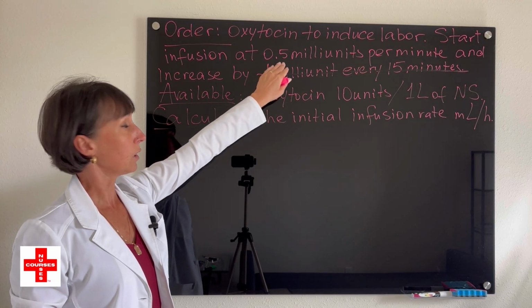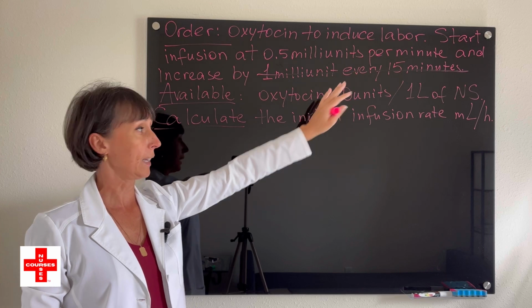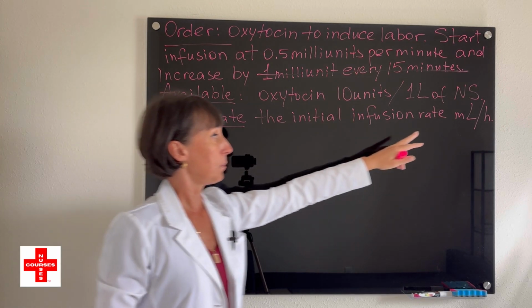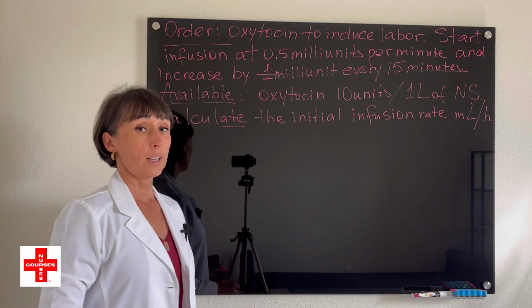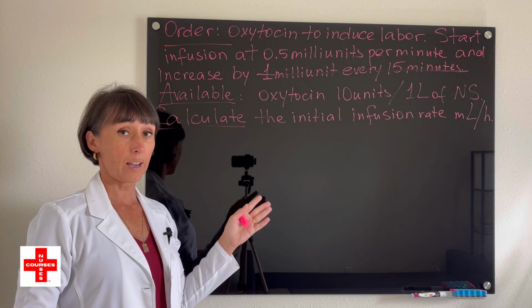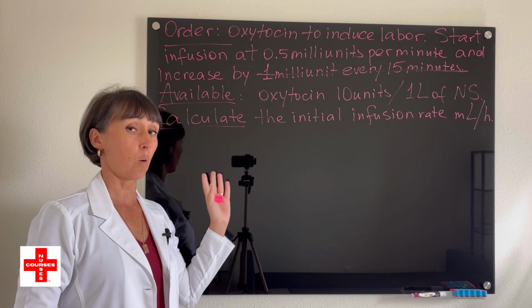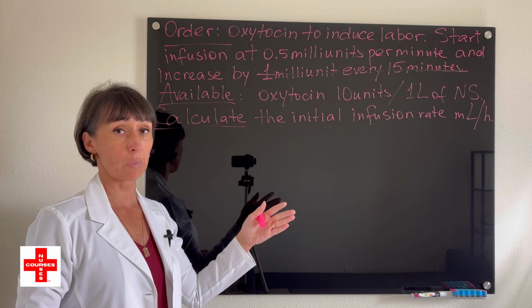All we need to understand now is that 0.5 milliunits are going per minute. What is it in milliliters per hour if this is available? And remember that 1 unit equals 1,000 milliunits. Just like 1 gram equals 1,000 milligram, 1 liter equals 1,000 milliliters.